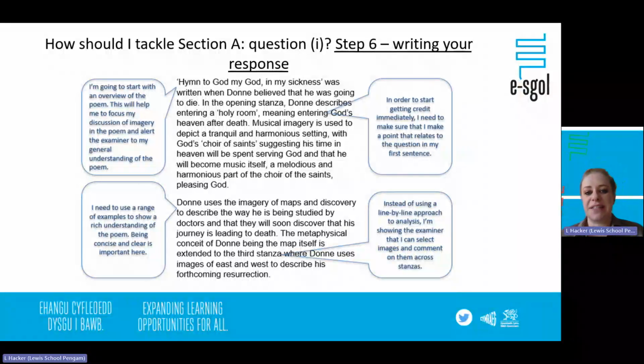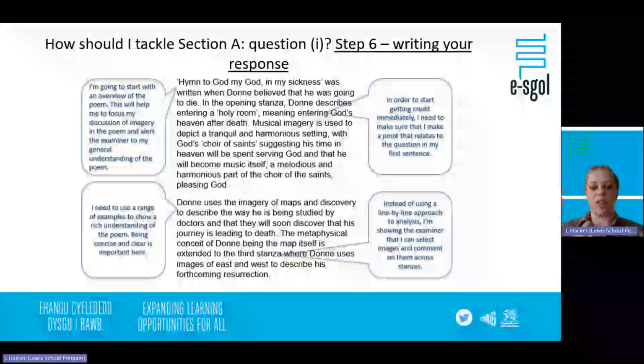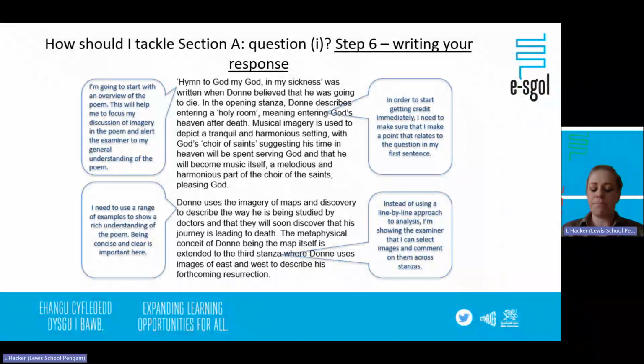And as the final annotation says, instead of using a line-by-line approach to analysis, by zooming in on that specific image, you're showing the examiner that you can actually be selective and you can choose things that really are the most important examples from this poem of Donne's use of imagery.